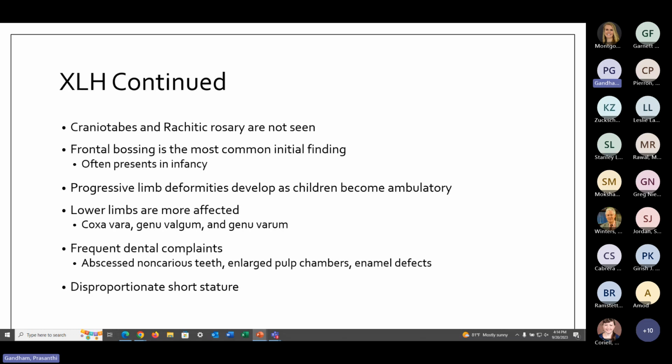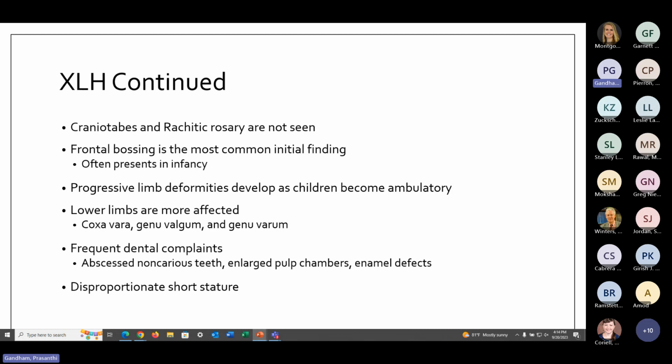The limb deformities can also cause an abnormal gait that is probably best described as a waddling gait. Lower limbs tend to be more severely affected compared to upper limbs, again thought to be due to the effects of ambulation. And you can see a number of different types of limb deformities, including coxa vara, genu valgum, and genu varum.